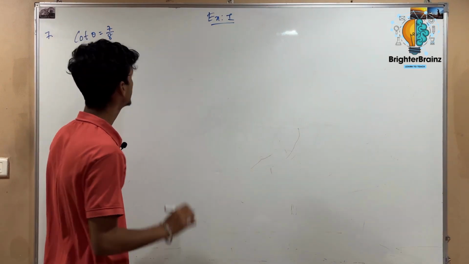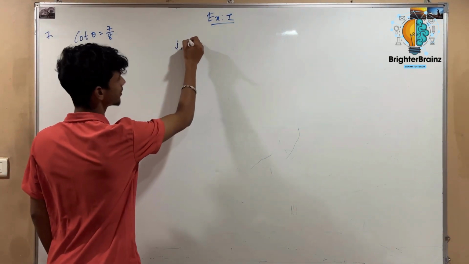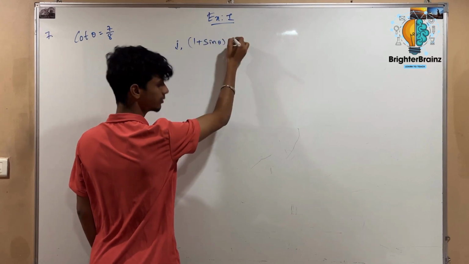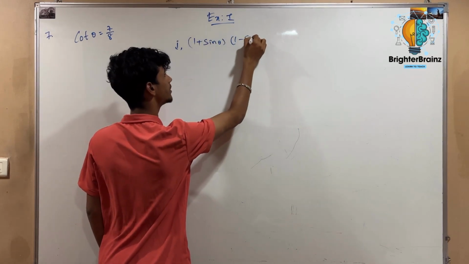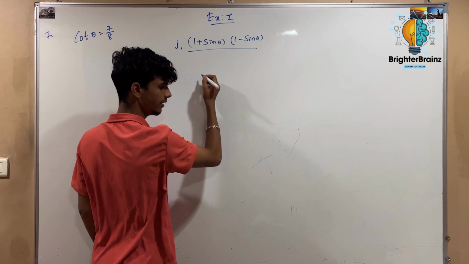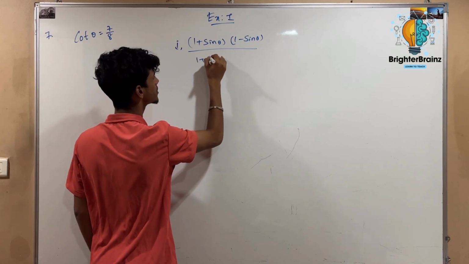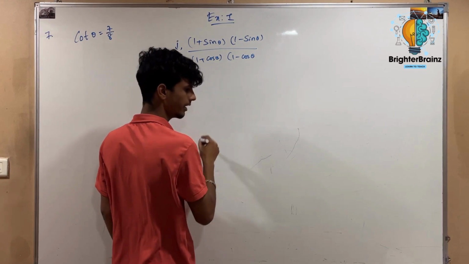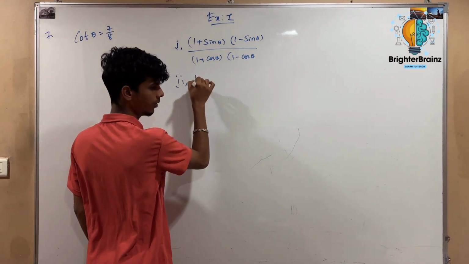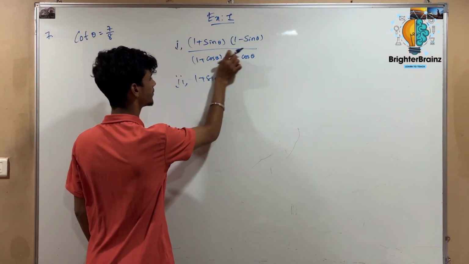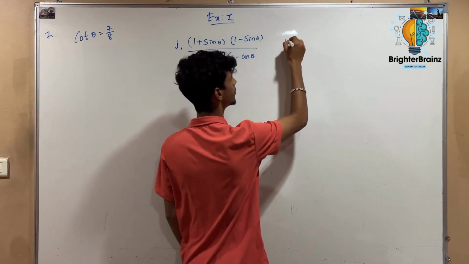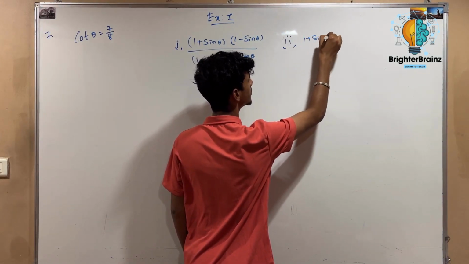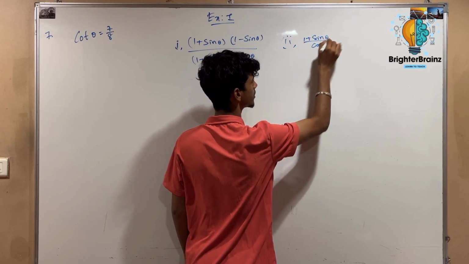Okay, and he is saying to evaluate the value of, first, 1 plus sine theta into 1 minus sine theta divided by 1 plus cos theta into 1 minus cos theta, and the second Roman is 1 plus sine theta divided by cos theta.